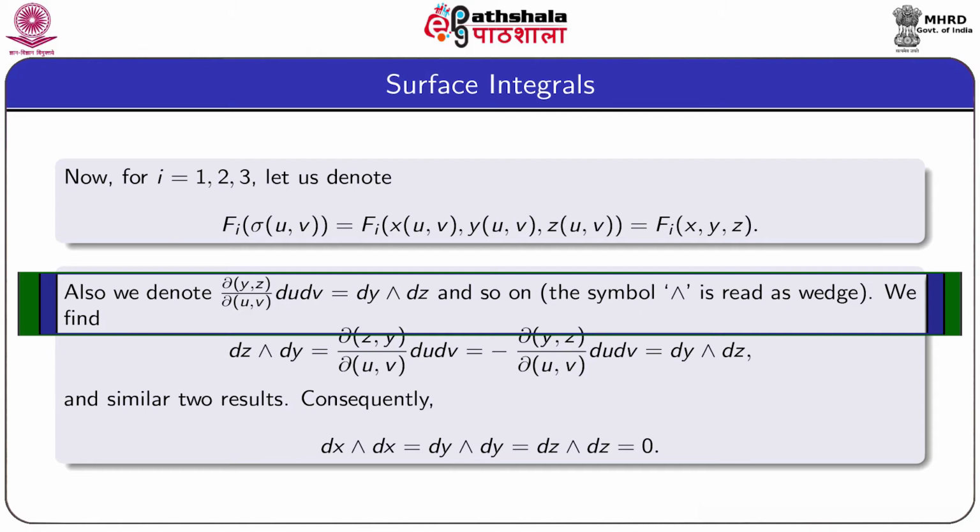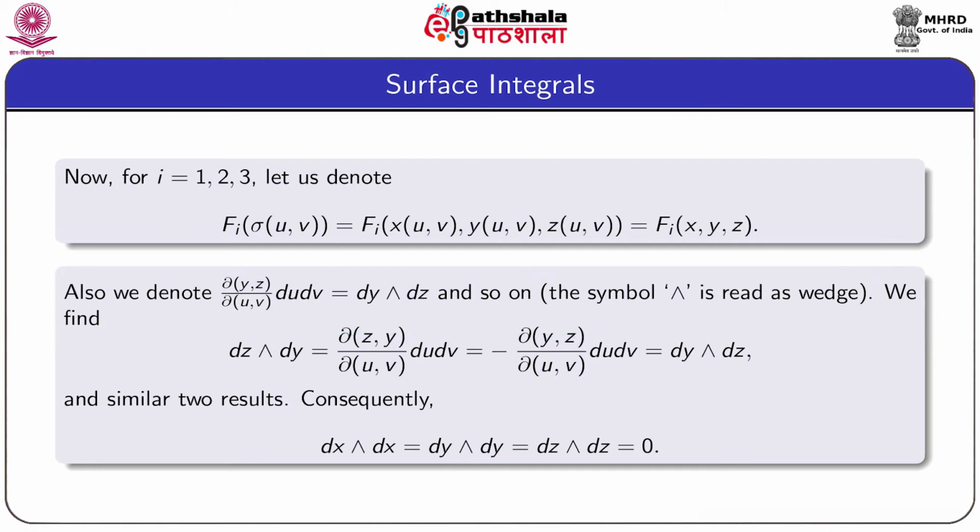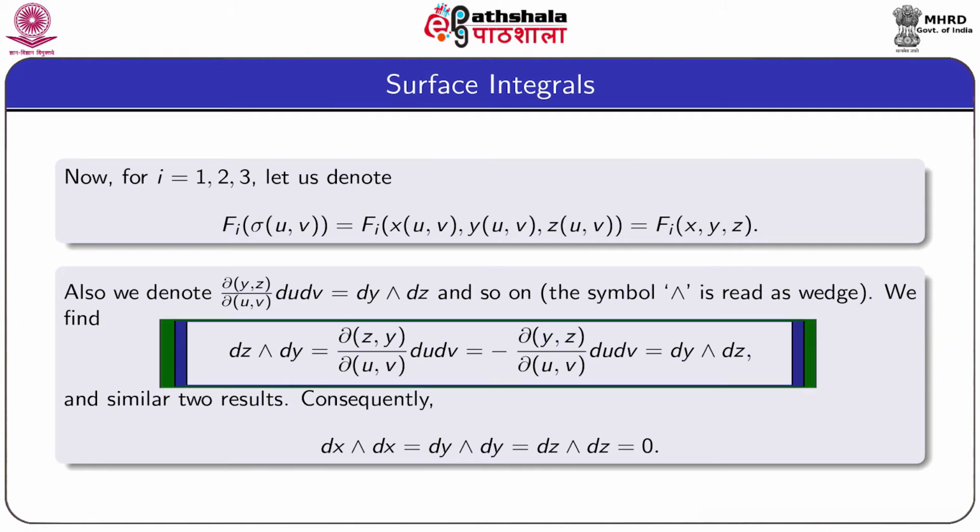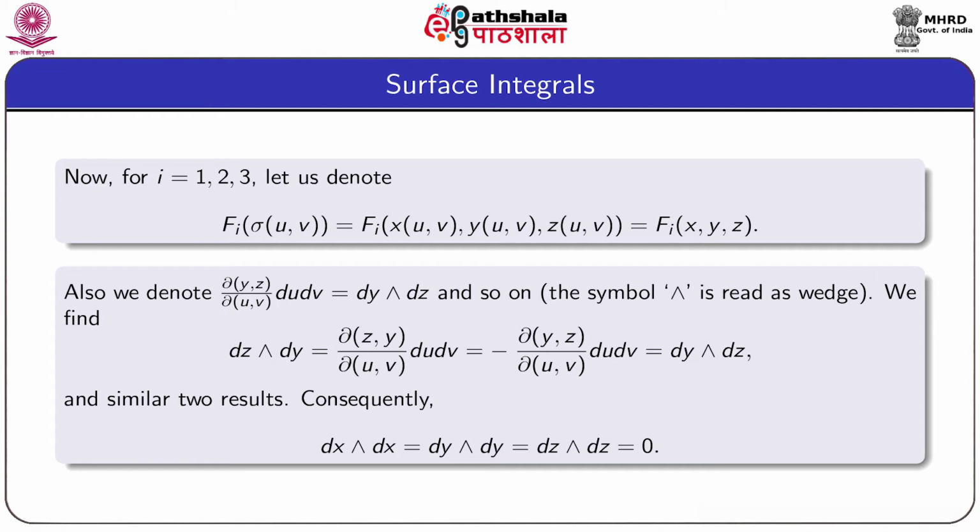We find dz wedge dy equals Jacobian del(z,y)/del(u,v) du dv, and this equals the negative of Jacobian del(y,z)/del(u,v) du dv, which is nothing but negative dy wedge dz. So, the wedge product is skew symmetric. We can find two similar results. Consequently, dx wedge dx equals dy wedge dy equals dz wedge dz, which must be 0.